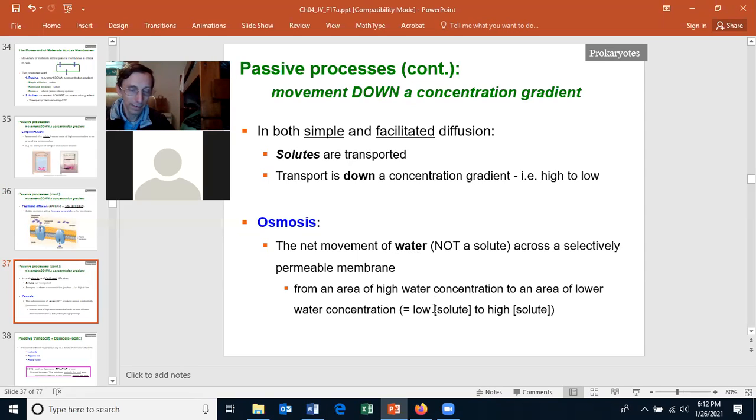So if something is hypertonic, then it is more solute outside the cell than inside the cell. Let's make sure I've got that right. Yes. Okay. And when things are at high solute concentration outside the cell, that means they'll have low water concentration outside the cell. Any question about any of that?